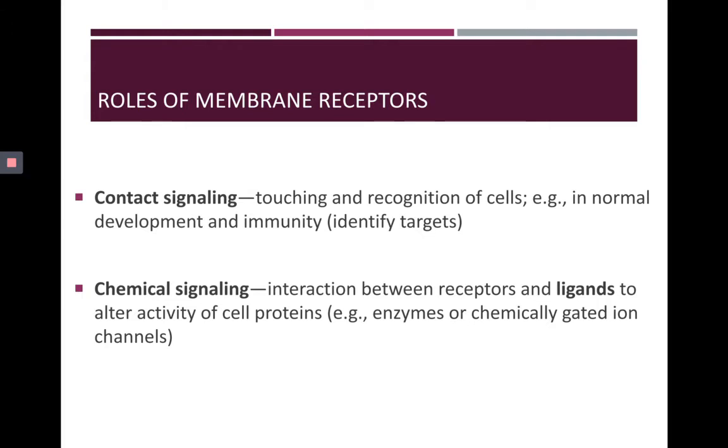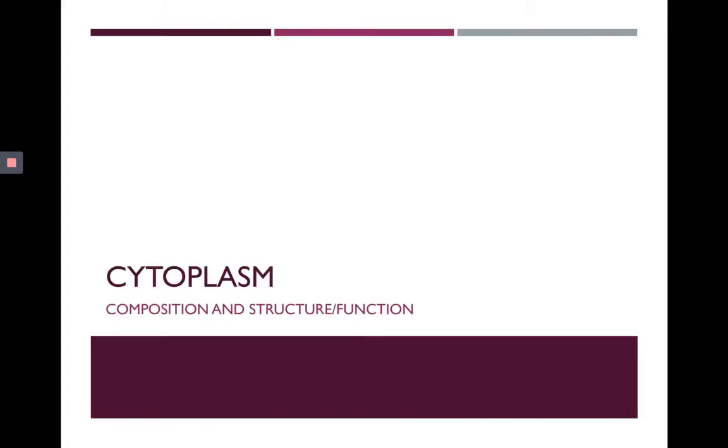Then there's chemical signaling, which is an interaction between receptors and ligands to alter activity of cell proteins. Enzymes opening or closing or facilitating a chemical reaction would be an example of chemical signaling. Oftentimes, chemical signaling is shown in the second messenger systems because we're able to alter cell proteins inside the cell. So this is a dynamic of, again, that signal transduction.